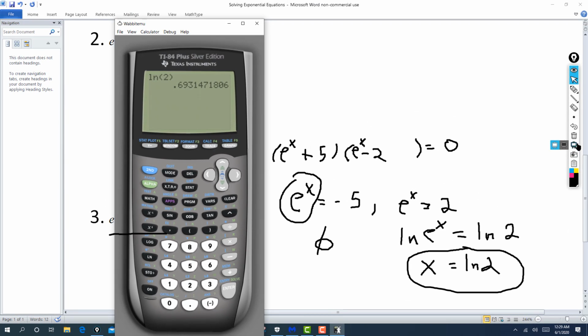So if I wanted an approximation, I would say that this is equal to 0.693. Round it to 3 places, or whatever they tell you. But this right here is your exact answer.